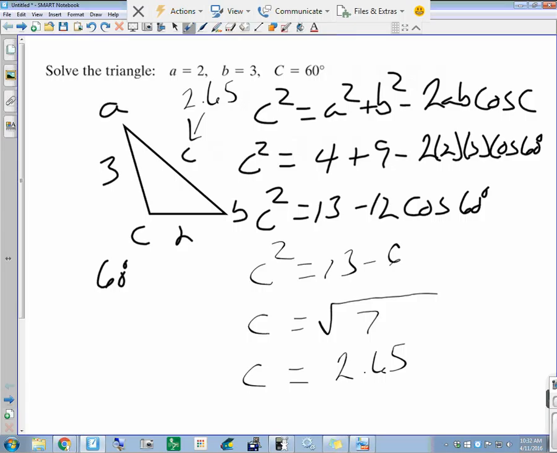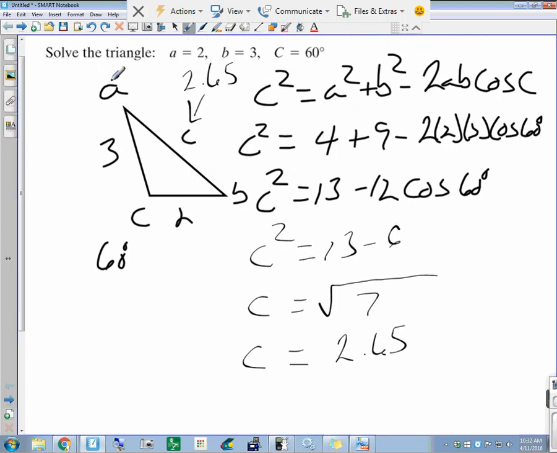Okay? So I want to go through and find out what one of the angles is. Which one do you want, A or B? A, okay.